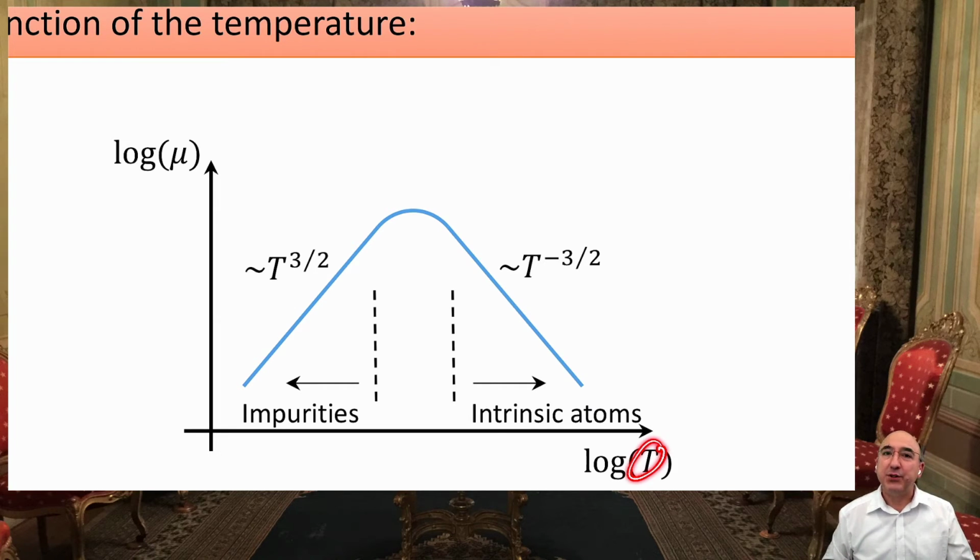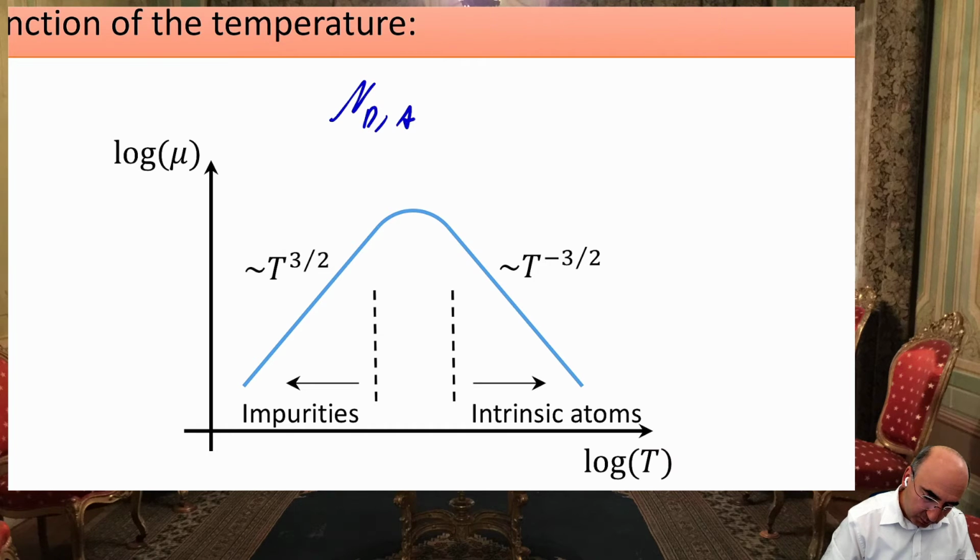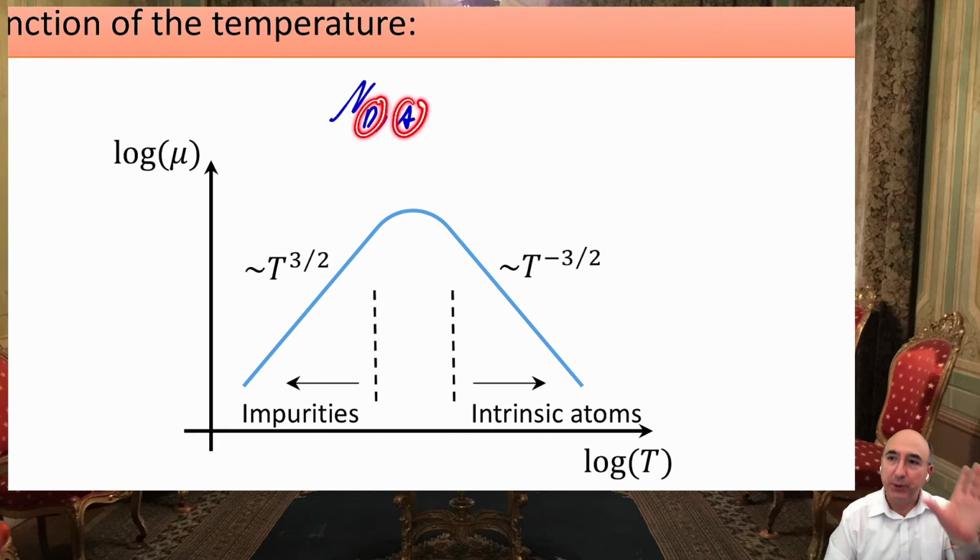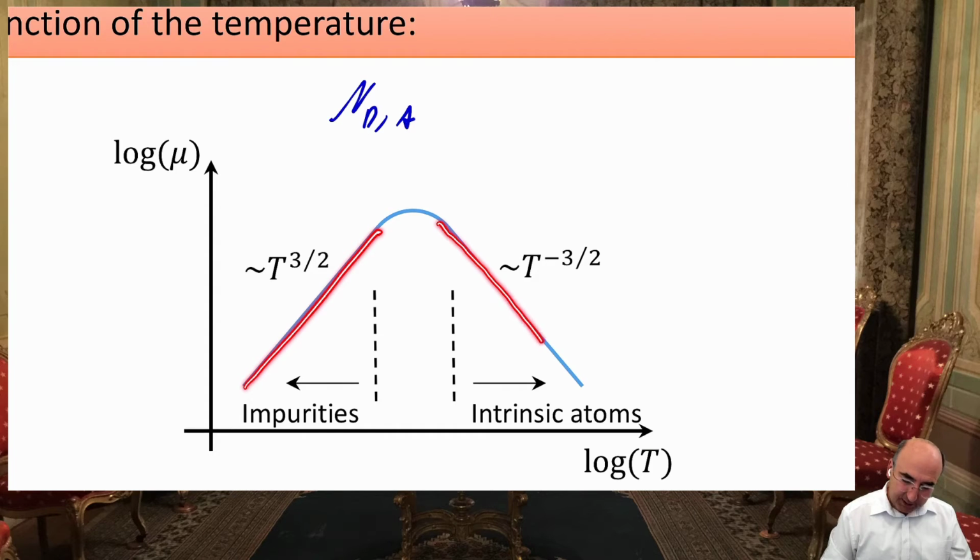If we increase the temperature and we have a doped semiconductor, donator, acceptor, I don't mind, the mobility increases and then it decreases again. How can you imagine this could happen?